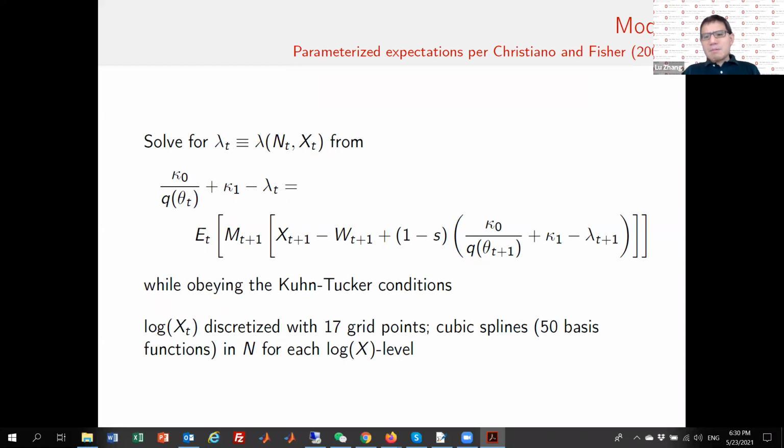I think in the programs we may have used 75 basis functions. So finite element methods, 75 nodes. In each small area we're putting a cubic spline, to make sure the results are fairly accurate.